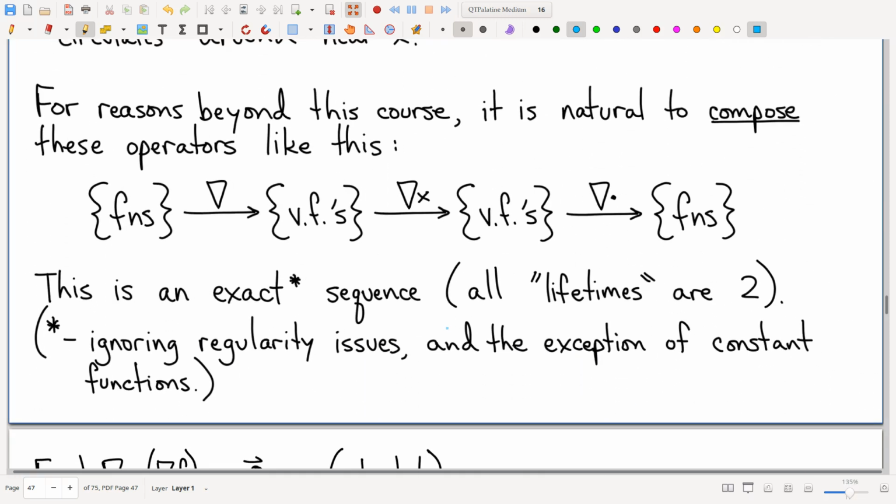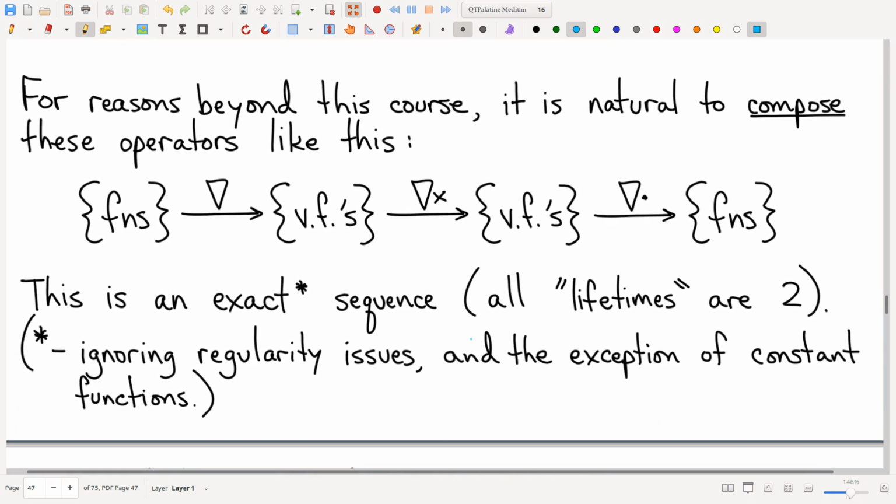Okay, so now even weirder, creepier, even harder to justify. But again, just planting some thoughts. This is just, I want this to percolate while we do other things before we get to chapter 6 and 7. Turns out, for very hard to see reasons, it makes loads of sense to compose the gradient operator with the curl operator with the divergence operator, specifically in that order.